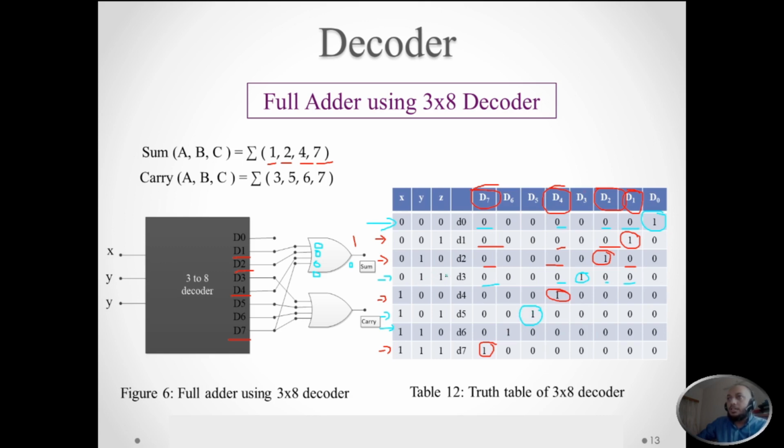That means all the other outputs are zeros, and if all the other outputs are zeros, all the inputs of this OR gate are zeros. That means the output of the OR gate will be 0. Similarly, for this one only D6 is 1. That means D1, D4, D2 and D7 are zeros, and we will get 0 in the output.